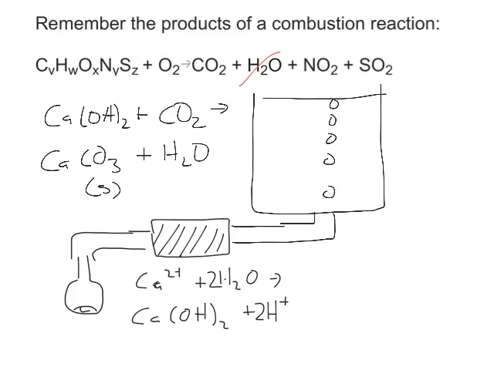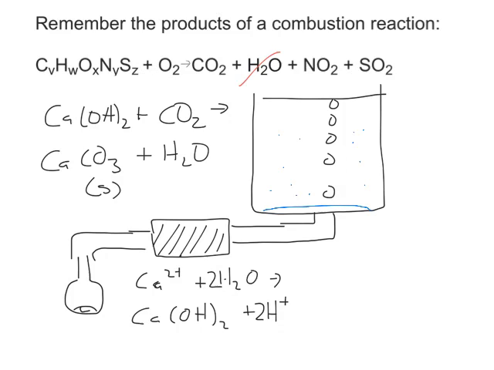So we bubble, bloop, bloop, bloop, our carbon dioxide through this solution, and it reacts with the calcium hydroxide, and it starts to make a precipitate of calcium carbonate, which is going to collect. We can then filter and weigh that.